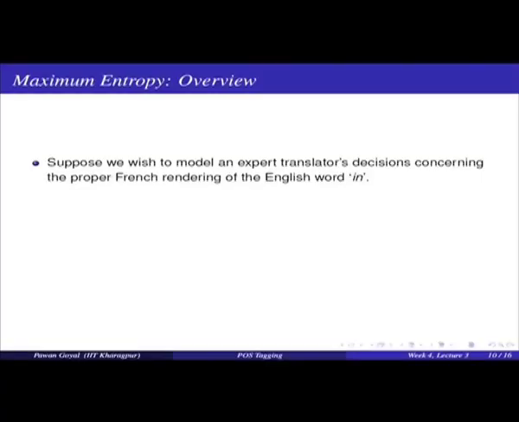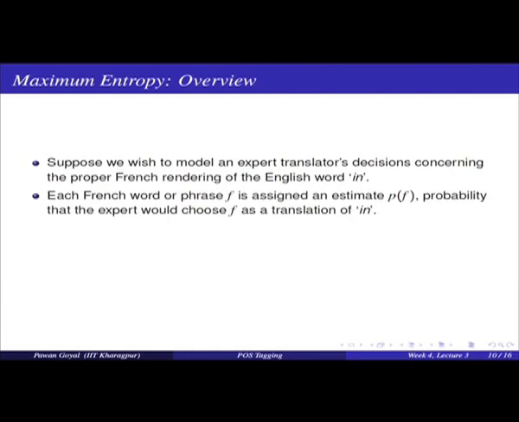I want to model this expert translator's decision, how to translate the word "in" into any French word. Now, how do I start? Suppose you have a vocabulary of all possible French phrases, and you want to estimate the probability PF, that is, the probability that a French phrase will be a translation of the English word "in". You want to compute that for all the possible French phrases.